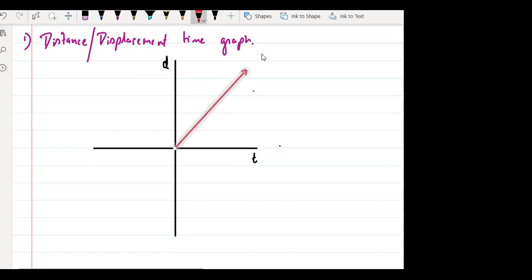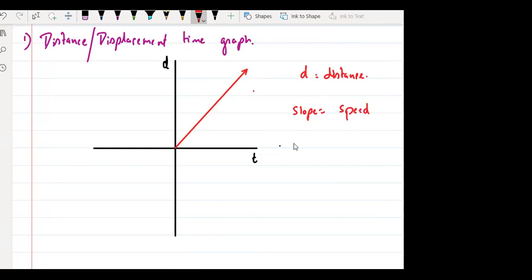Now, if d is distance, then this graph represents the slope as speed. Understood? The slope represents speed.